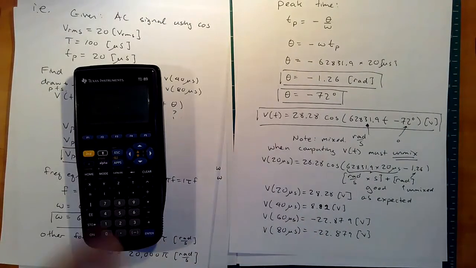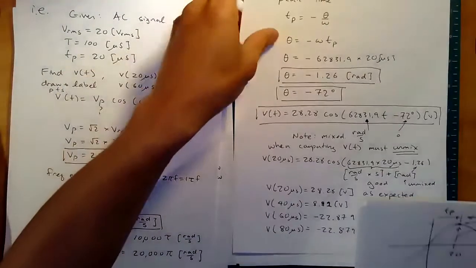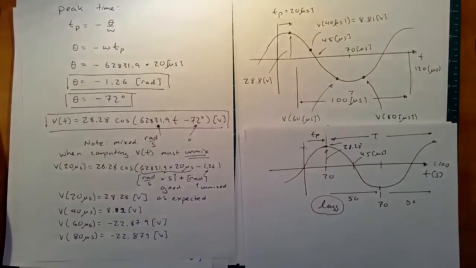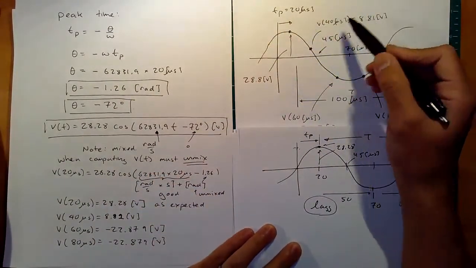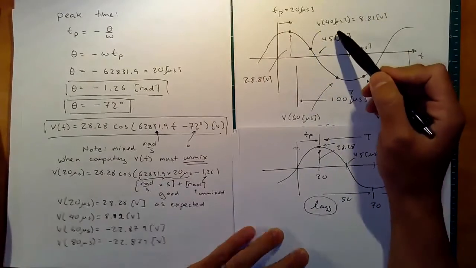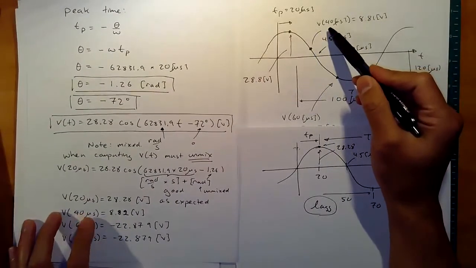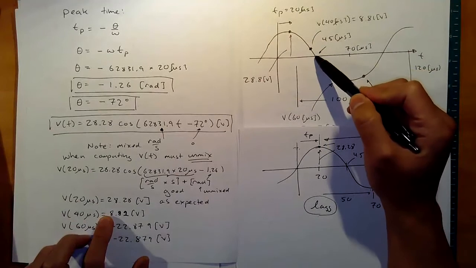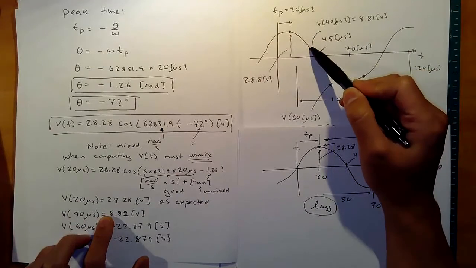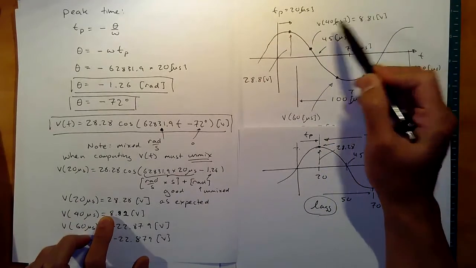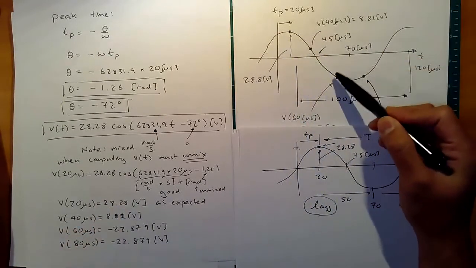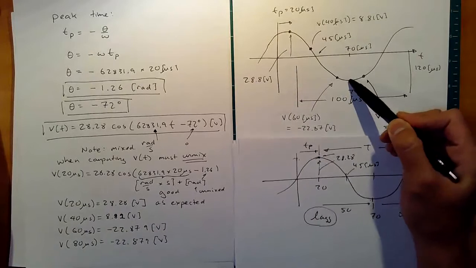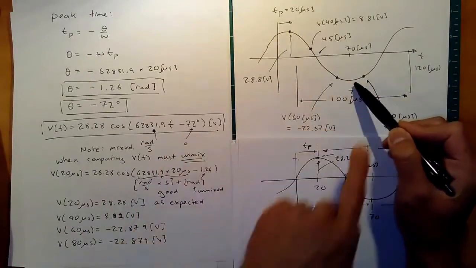Okay. All right, so let's go back and let's plot this. So notice my plot has the same thing. Good. So I have 20 microseconds, and do these points make sense? I have everything labeled now. At 40 microseconds, which is just before the 45, yeah, I have 8.81. That seems to make sense. At this peak, I have 28.28. Good. Over here, I haven't quite bottomed out, because if I bottomed out, I'm going to get negative 28.28.